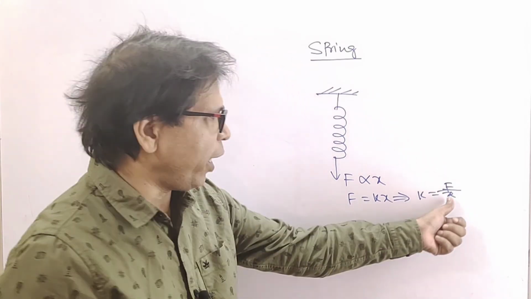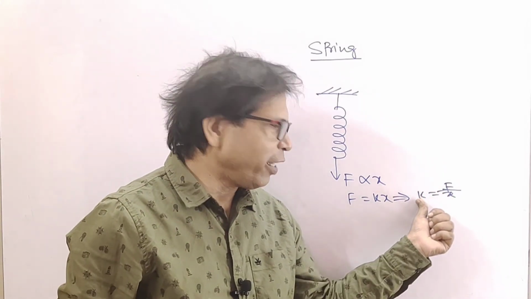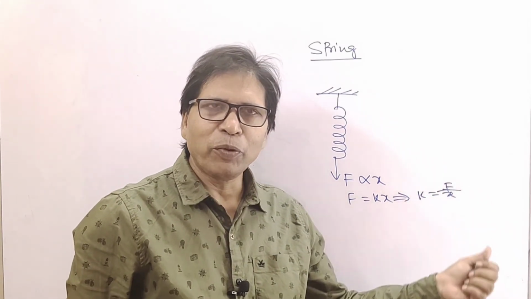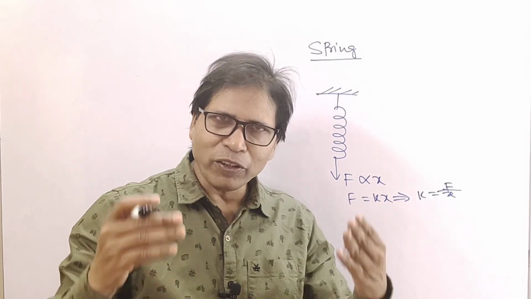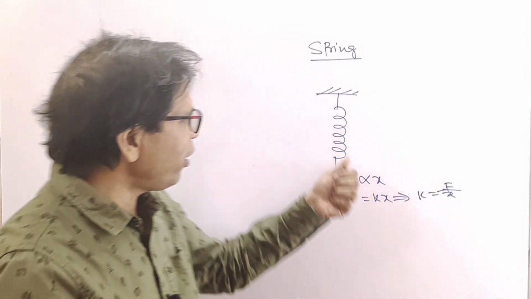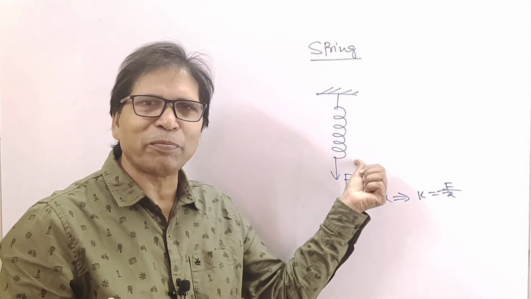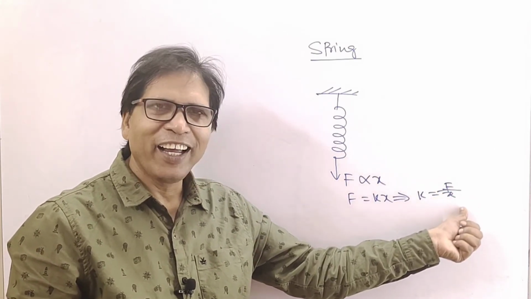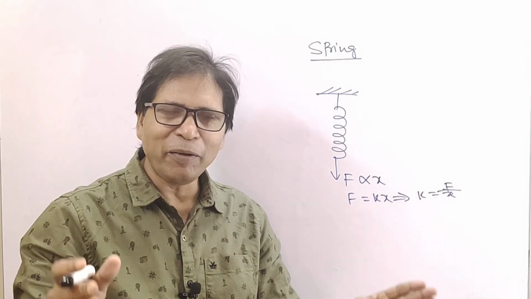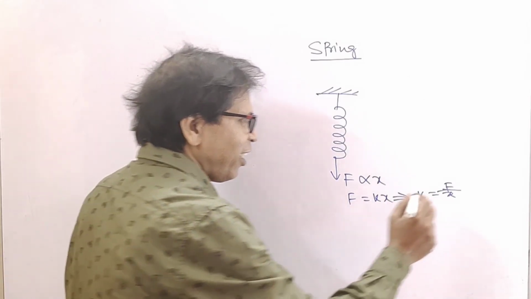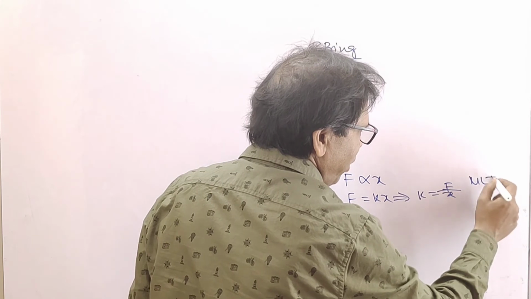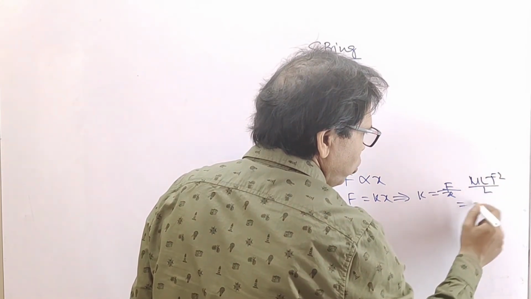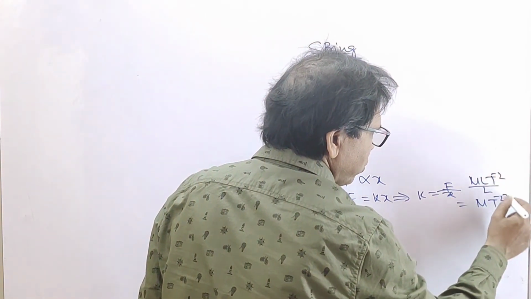If x equals 1, then K equals F. Therefore force constant is the force required for unit elongation of the spring. Its unit is Newton per meter and dimension is M T to the power minus 2, since the dimension is M L T to the power minus 2 divided by L.